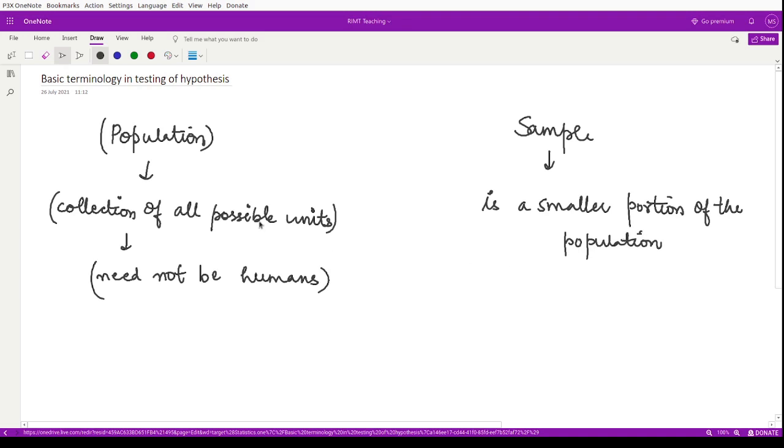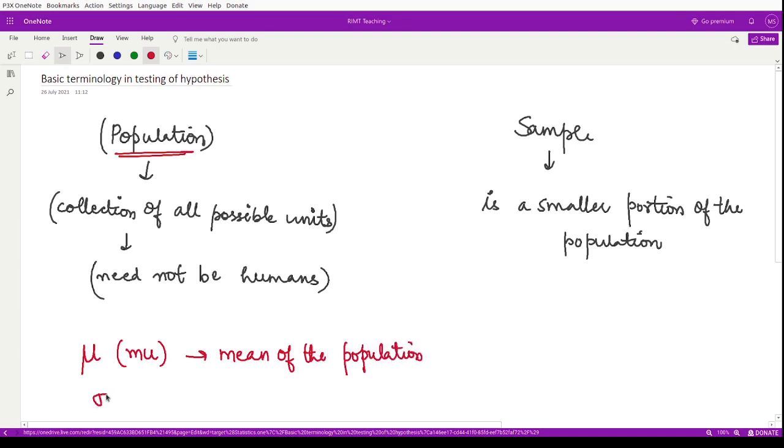Right. So what are the parameters that we may use for population? This is important. You may use the symbol mu to denote the mean of the population, and sigma square to represent the variance of the population.